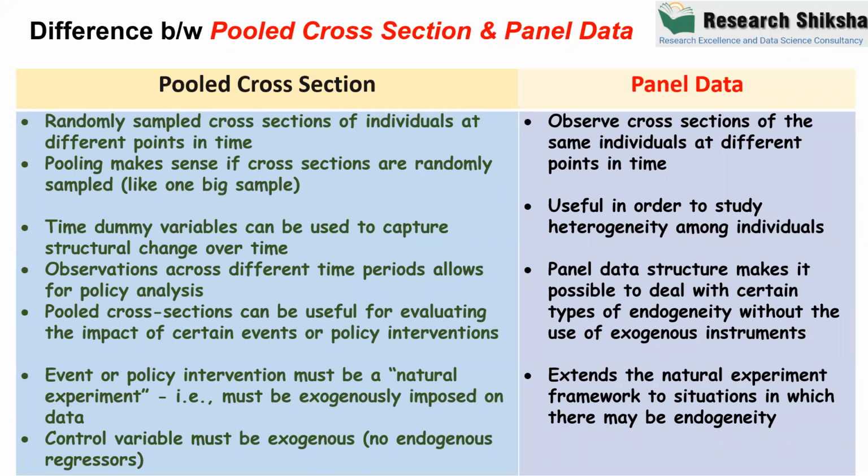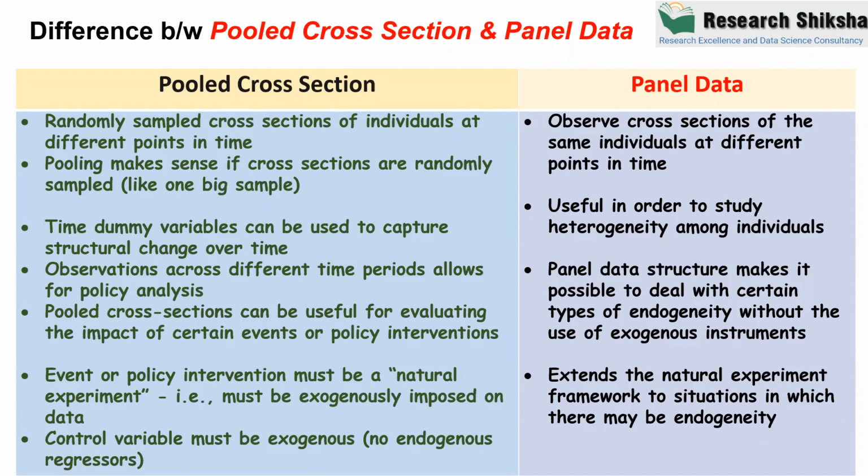And if any company is liquidated or the data is not available, you have to remove the data of that company. So it is required that in panel data, all the data is collected for exactly the same companies. You cannot change the companies, and the time period should be the same. So when your cross-section unit is the same and the time period is the same, then this is known as panel data.